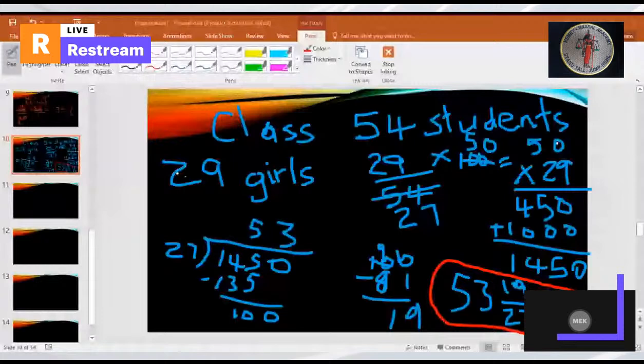So since it's 29 girls, we would put 29 over the full 54 students, and then we can reduce our fraction. So 2 into 54 is 27, and 2 into 100 goes 50. So then apply 50 times 29.